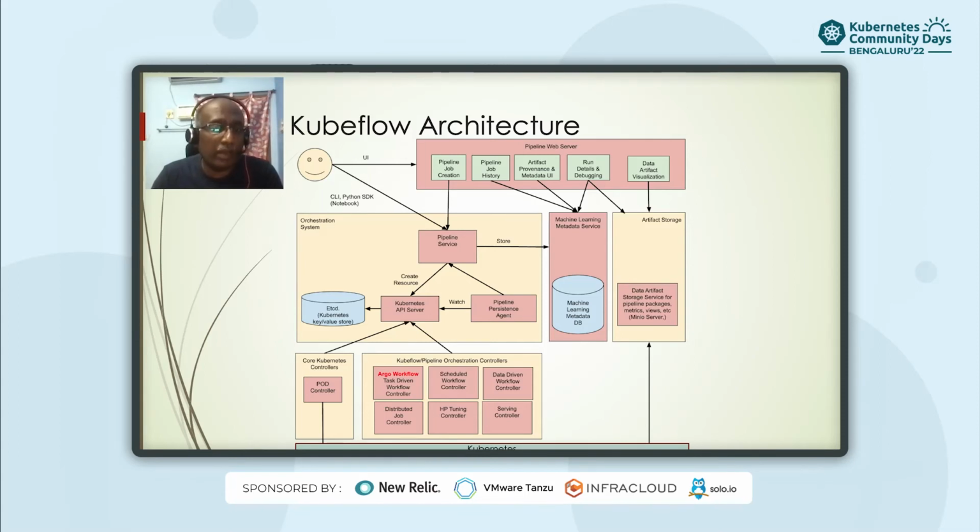Once you submit a pipeline, the pipeline service creates an Argo workflow, and from there on, the Argo controller watches the workflow and starts executing it. The artifacts that come out of the workflow are stored in an artifact storage, which is nothing but a Minio object storage.